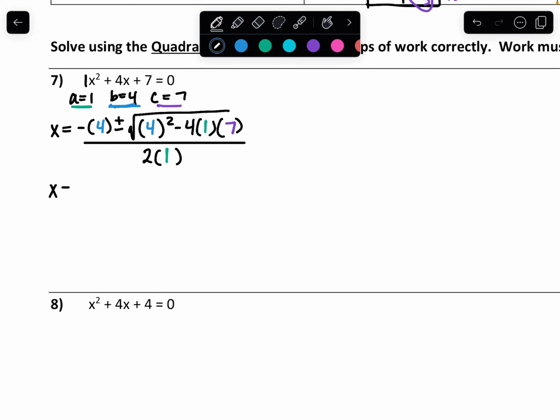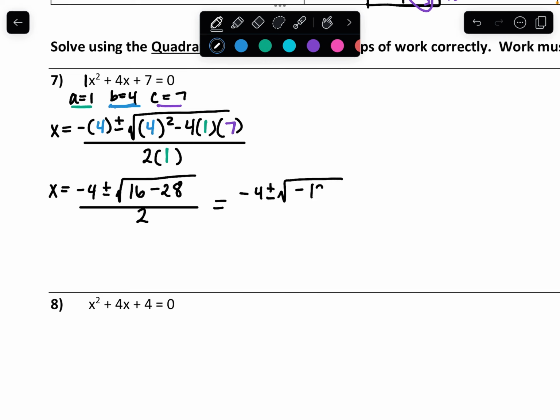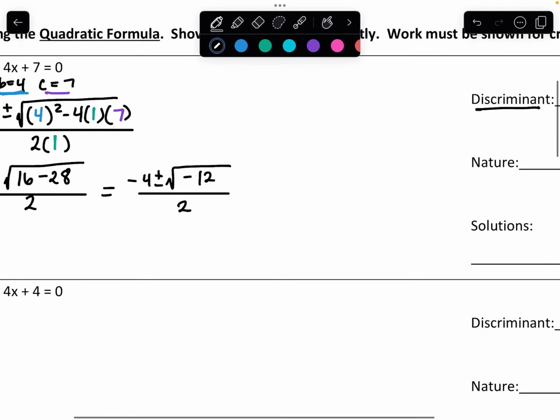And so we can simplify this to -4 plus or minus square root of 16 minus 28 all over 2, which is -4 plus or minus square root of -12 over 2.